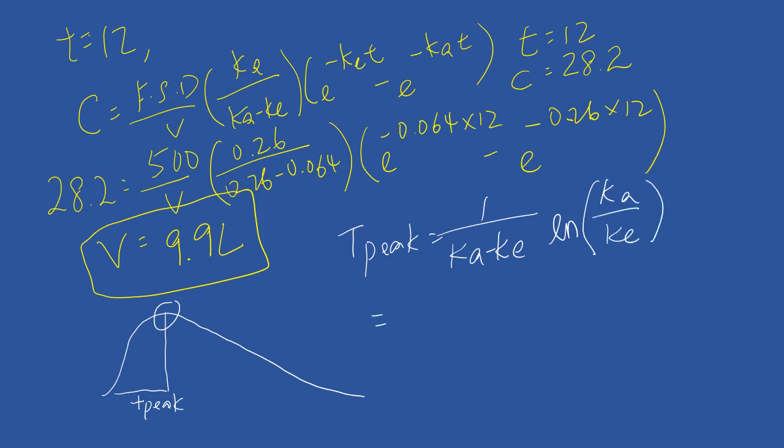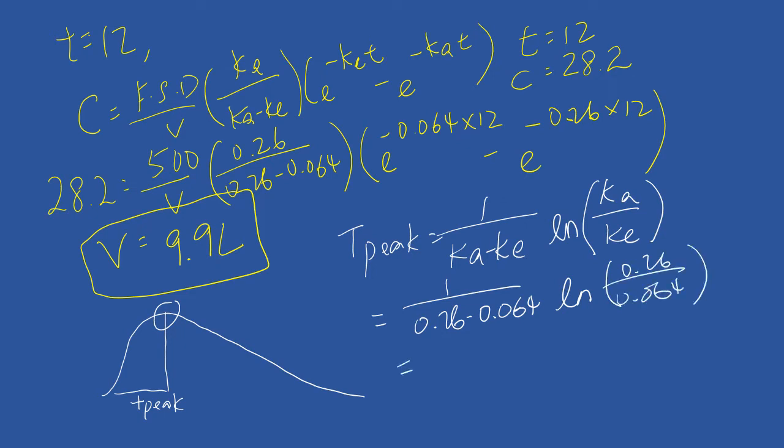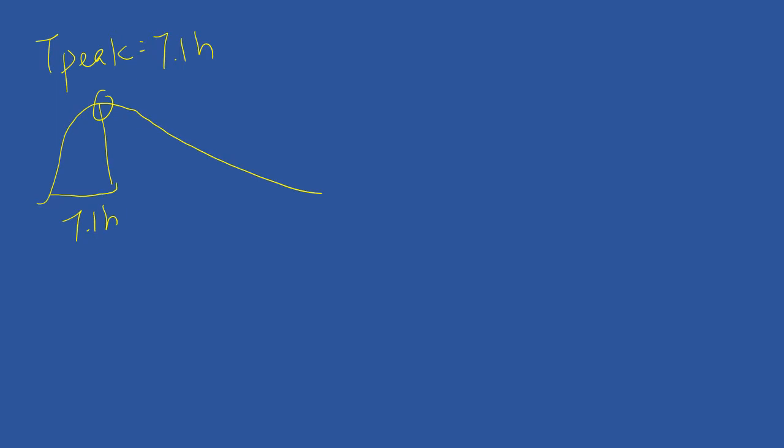So put in the values, that will be 0.26 minus 0.064, ln 0.26 over 0.064. You will find the value will be 7.1. Now you found the T peak, that will be 7.1 hours. So it means after an oral dose administration, it will require 7.1 hours for the concentration to climb to the maximum. So this is the Cmax, or we call it C peak.